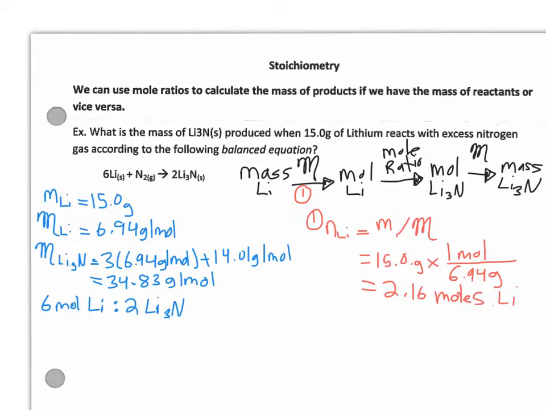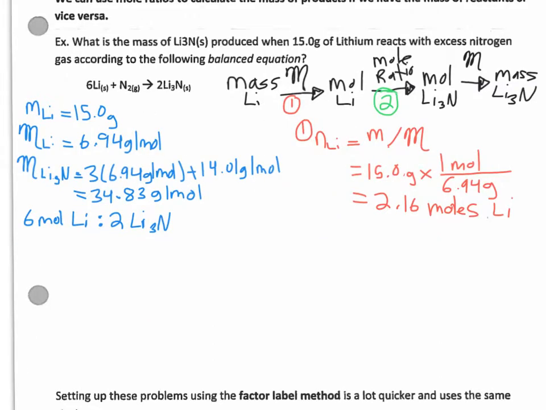The next thing we can do is take this number of moles of lithium and determine the moles of lithium nitride using a mole ratio. That's actually going to be step 2 instead of step 3. So I'm going to do my step 2. I'm going to put it in right up here. So step 2, I want to figure out how many moles of lithium nitride I'm going to have using my mole ratio.